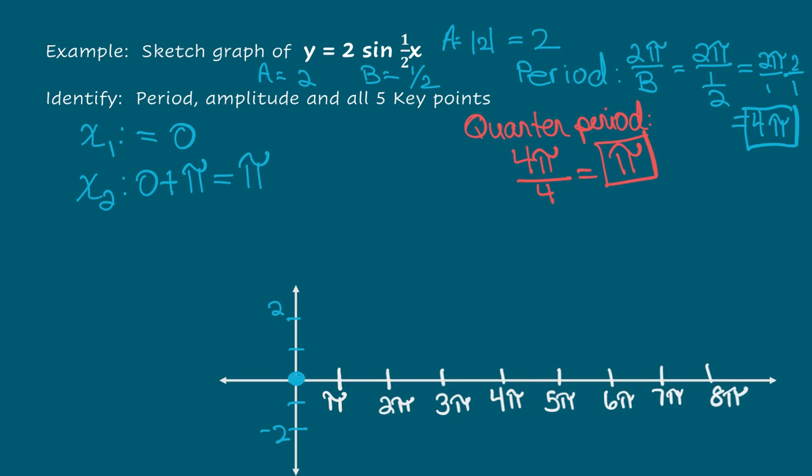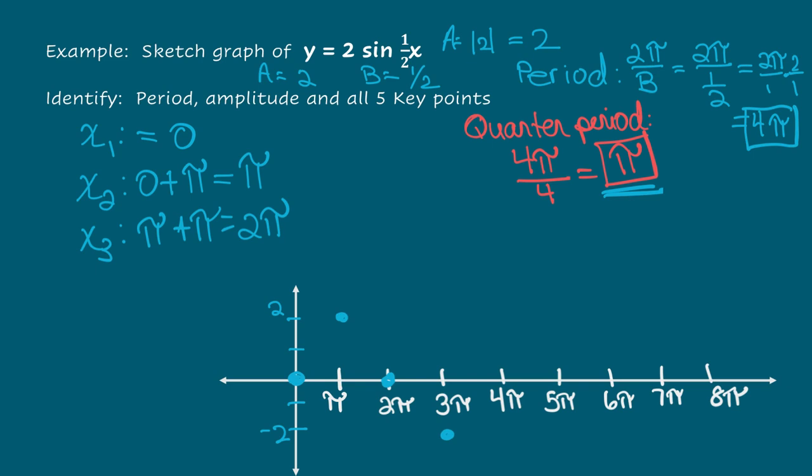Okay, so here we have my max point at 2, comes up here at pi. And my third point is going to be pi plus pi, which equals 2 pi. Remember, I add quarter periods. So I'm going to come back down here to 2 pi. My next one comes down another quarter period.